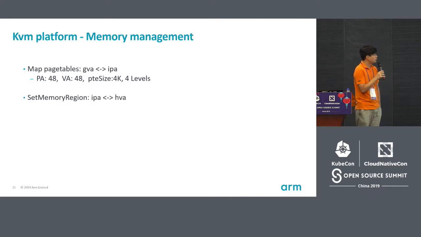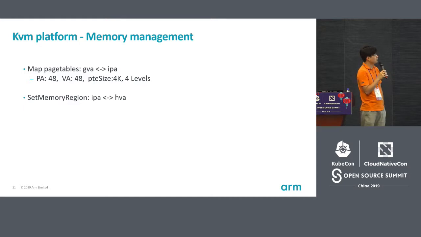The next one is set memory region. The function of set memory region is to map HVA and IPA. IPA is the so-called guest physical address. Memory on gVisor's KVM Platform's memory management, these two are closely related.